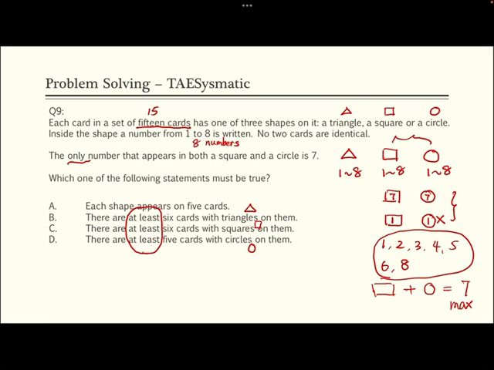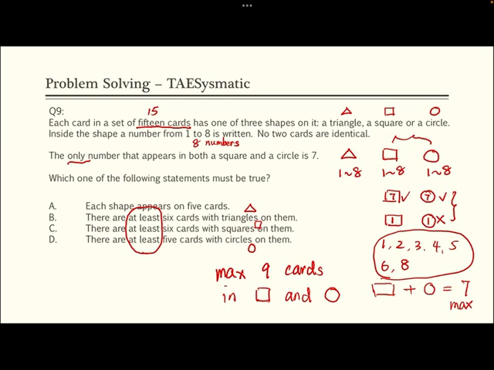But don't forget, we still have one card for 7. So maximally we get 9 cards in circle and square. That is the maximum we can get, because it's limited by the numbers not repeating.